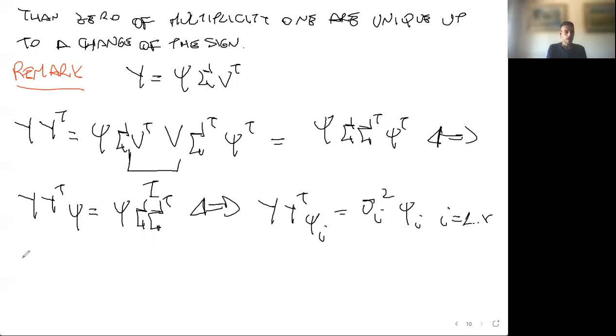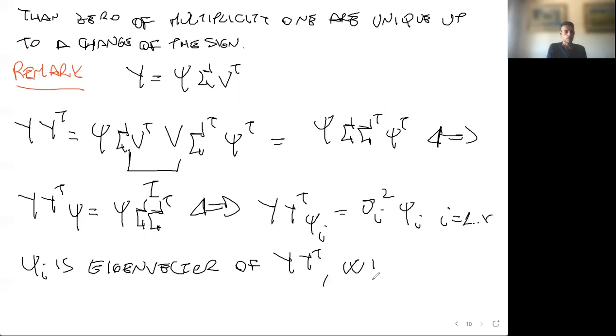So psi_i is an eigenvector of Y Y transpose with eigenvalue sigma_i squared.